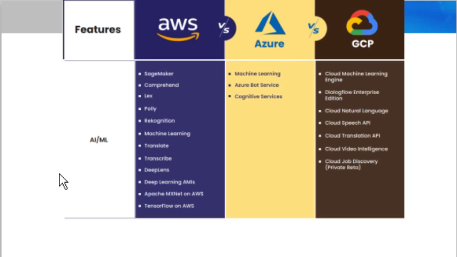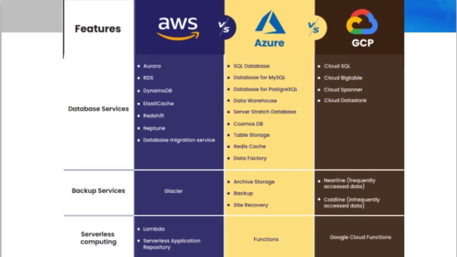Here is the comparison of AI with respect to the three platforms available for cloud computing. Next one is the database services, backup services and serverless computing. This is the comparison here. So you can see in detail the comparison.